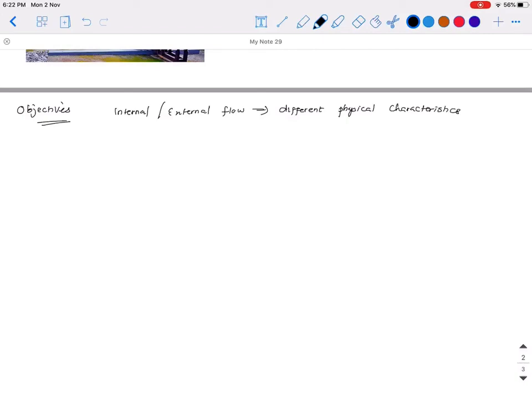In this chapter we are going to study internal flows, with special emphasis on pipe flows.